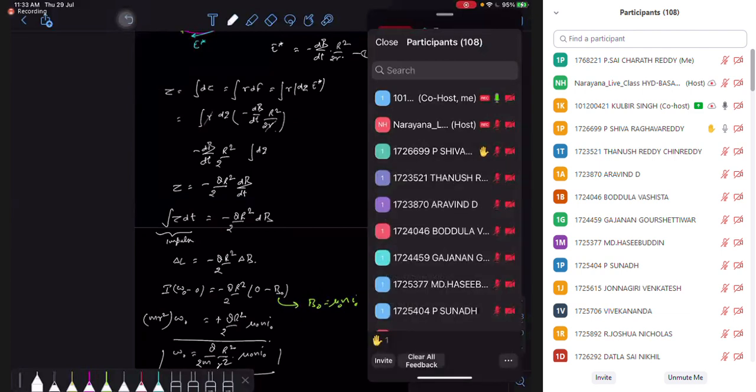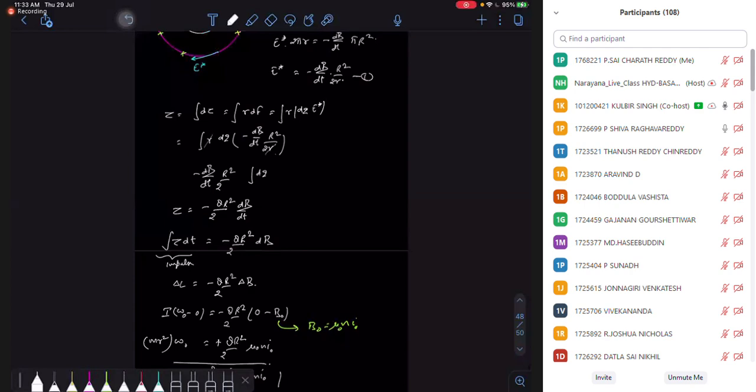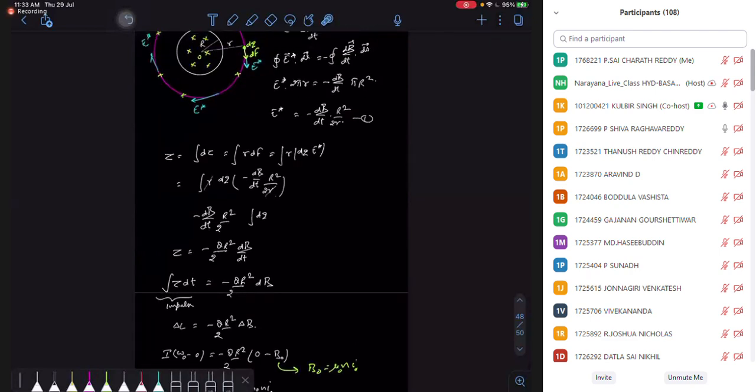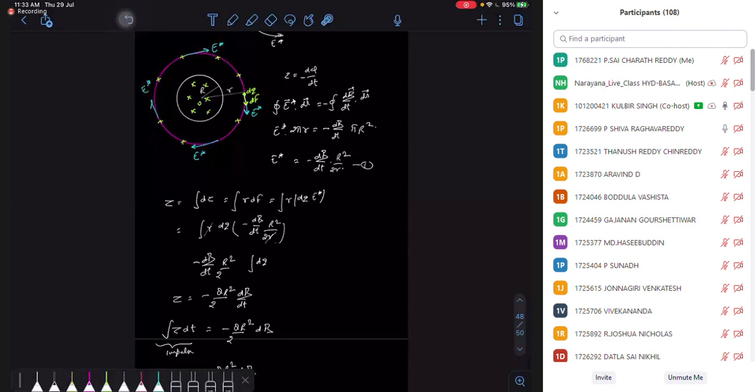Yes, Shivaji. Sir, in the derivation we got the E star value as positive, sir, but in the question we had taken negative, sir. What will change the answer, sir? If they are asking about the directions, I have not paid much attention to the directions. I have just worked with the magnitude only. If they are asking about the direction, we can give it by Lenz's law. For example, if we ask what is the direction of my E star, it is going to be according to Lenz's law, and based on that you can give the directions.